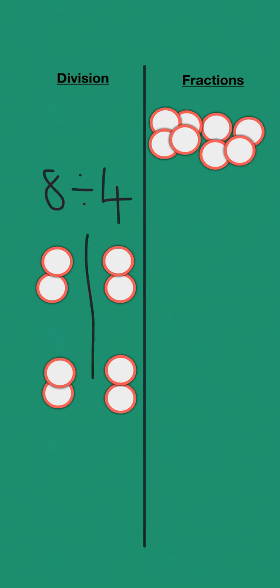So here are my 4 equal groups. There's one, the second one, the third, and the fourth. So to find out what 8 divided by 4 is, I need to look at how many is in each group. So you can see I've got 2 in the first group, 2 in the second group, 2 in the third group, 2 in the fourth group. There is 2 in each group. So 8 divided by 4 equals 2.